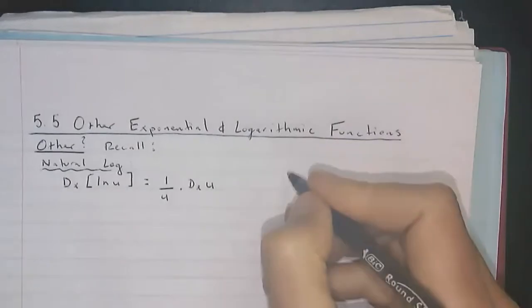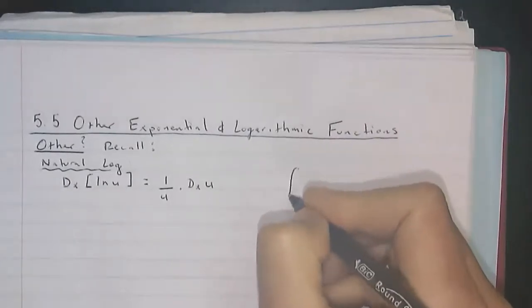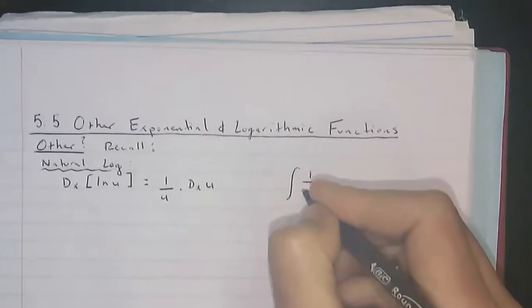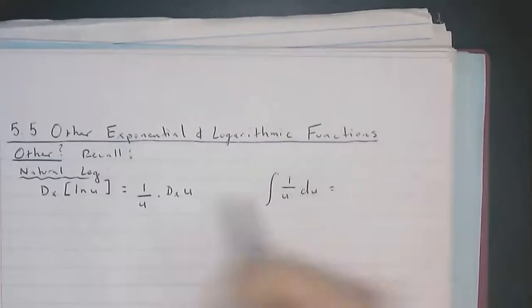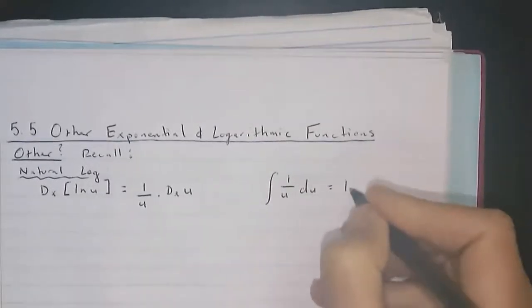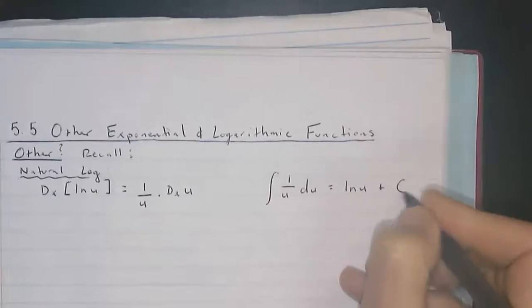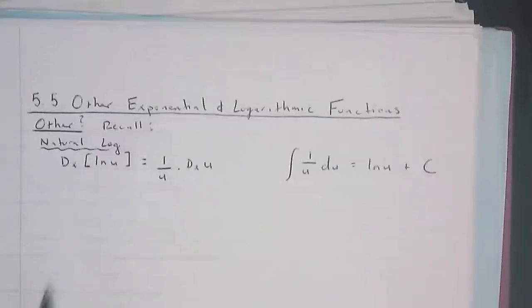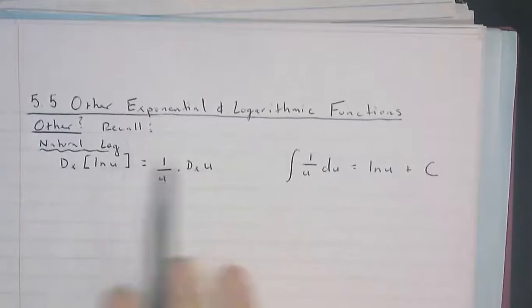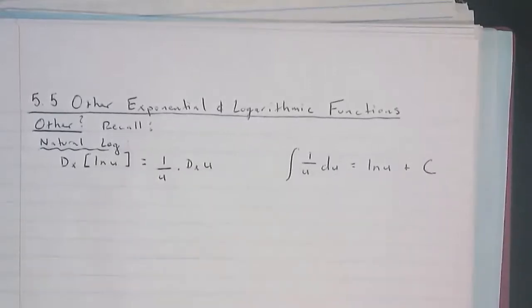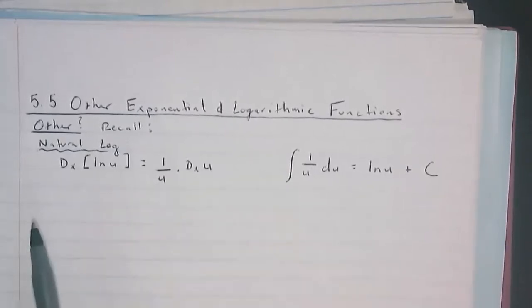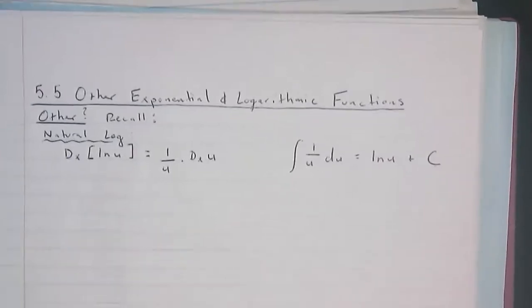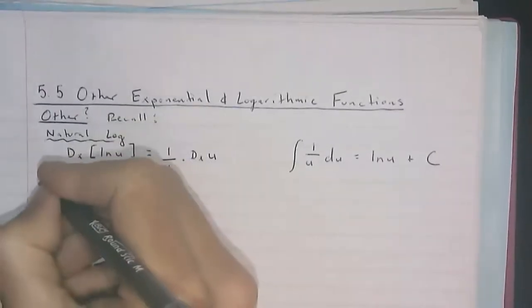And going in the opposite direction, the integral of 1 over u du is going to give us back the natural log. We think of the derivative and the integral as opposite directions on the same street. They are inverse operations. And then from the natural log, we looked at the natural exponential.